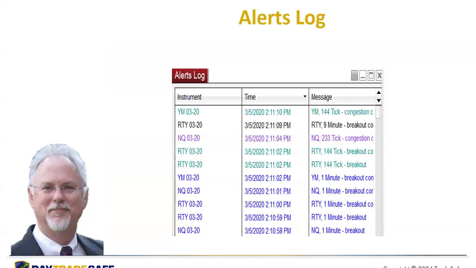Like, see, it says congestion, breakout, congestion, breakout, breakout, breakout, and so on. It can also say change in trend. It's showing you the instrument. It's showing you when it happened and so forth and so on. The reason for it is, what if you thought you heard it and you weren't real sure? You can come back and check. This is your log.